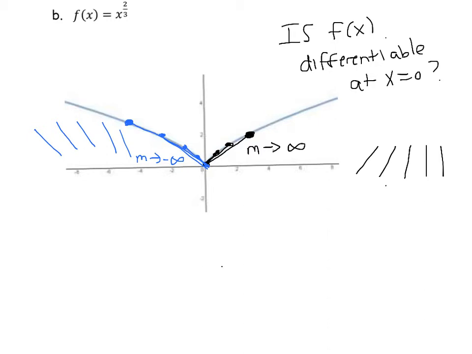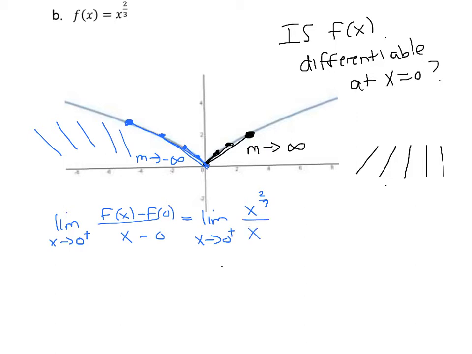And we're going to take a look now one more time at those difference quotients just to justify this. If I look at the limit as x goes to 0 from the right of f of x minus f of 0 over x minus 0, well, that's just going to be x to the 2/3 minus f of 0, which would be 0, and then divided by x minus 0, that's just x, and this is the limit as x goes to 0 from the right.